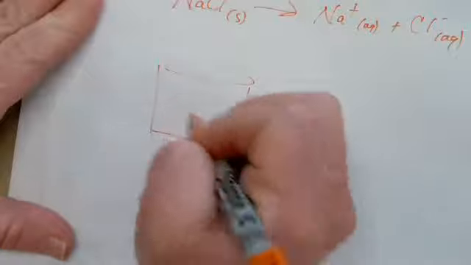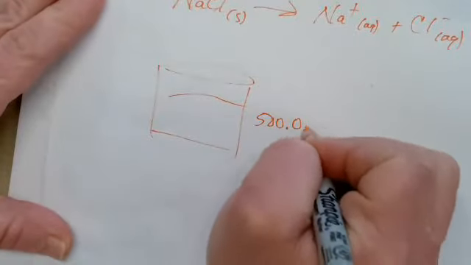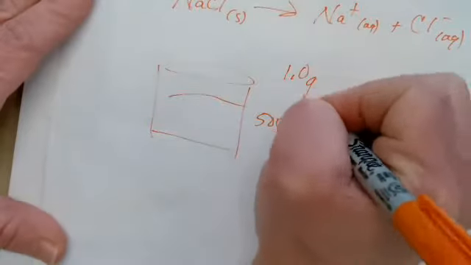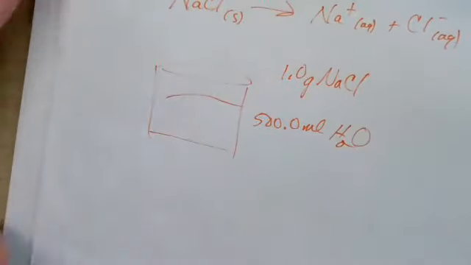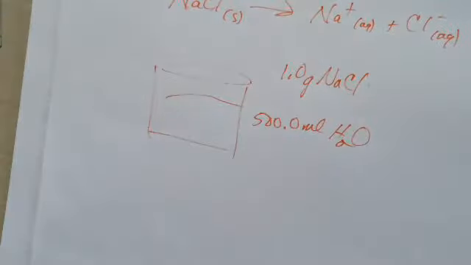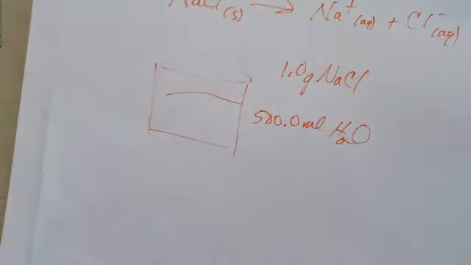If we had a beaker of 500 milliliters of water and added 1 gram of sodium chloride, all of that 1 gram will dissociate into ions, and you won't visibly be able to see any undissolved sodium chloride solid.